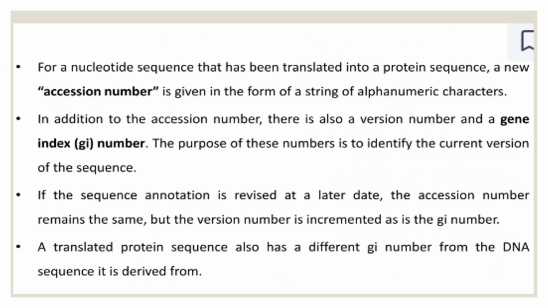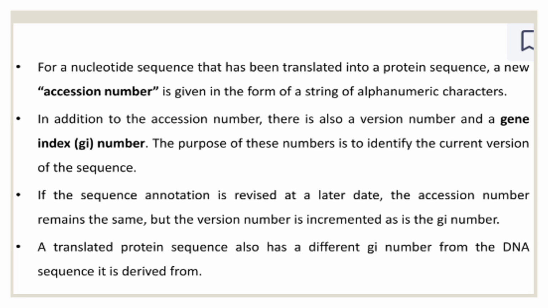For a nucleotide sequence that has been translated into a protein sequence, a new accession number is given in the form of a string of alphanumeric characters. The accession number uniquely identifies a specific gene. In addition to the accession number, there is also a version number and a gene index number.